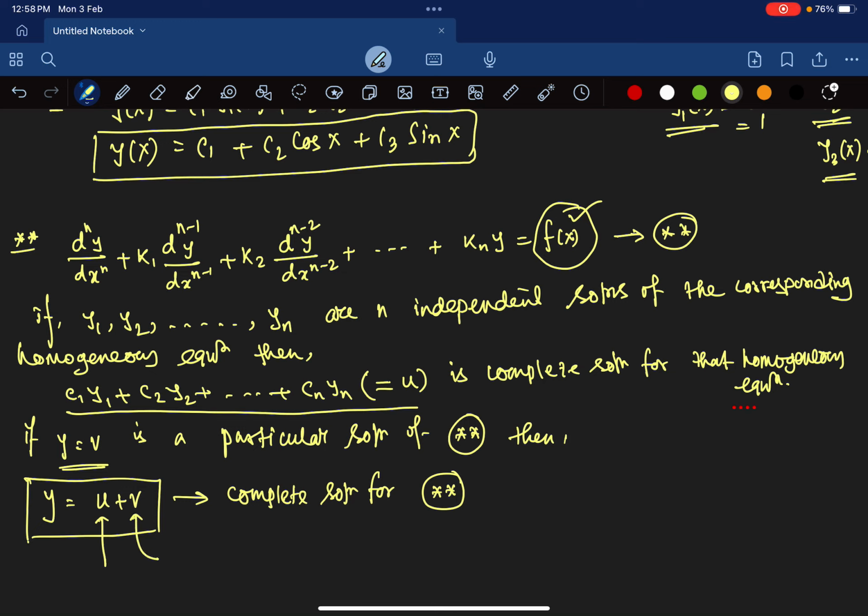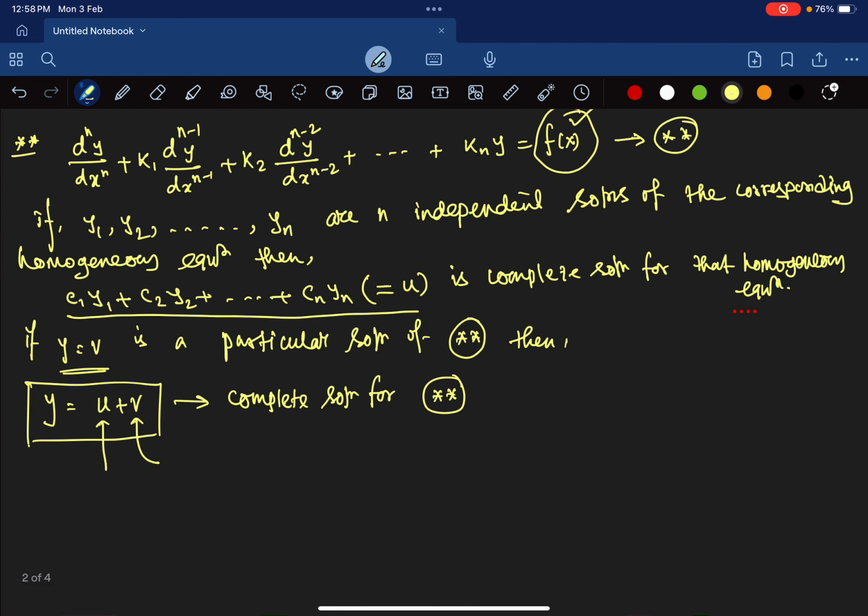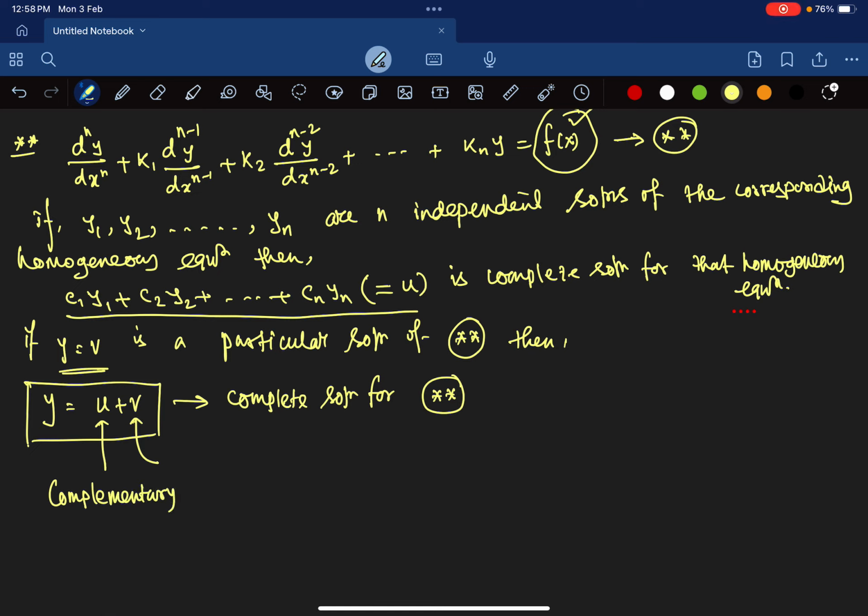This u is called the complementary function, or in short CF. And this v is known as the particular integral.